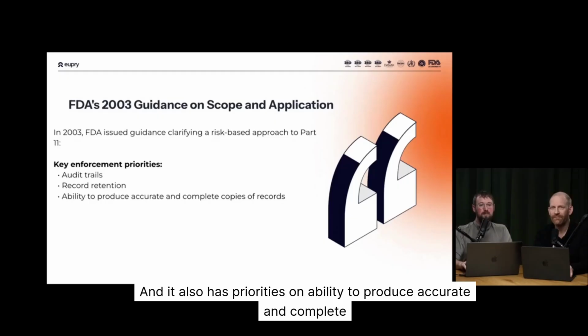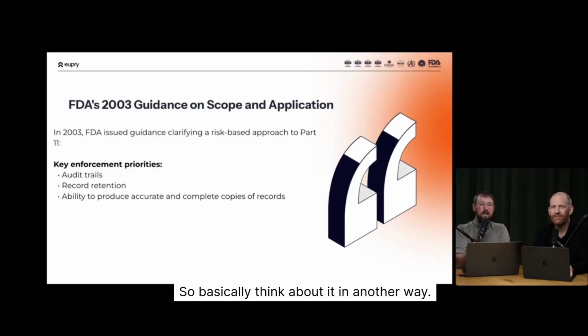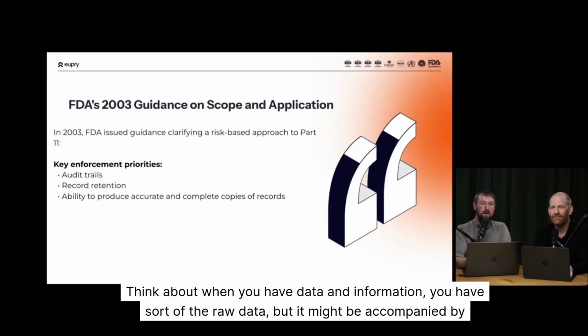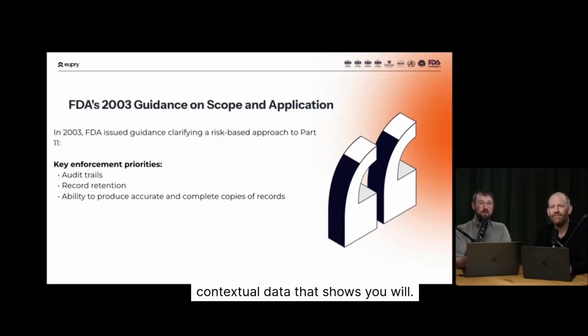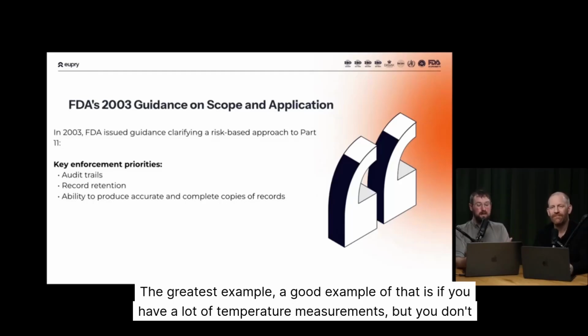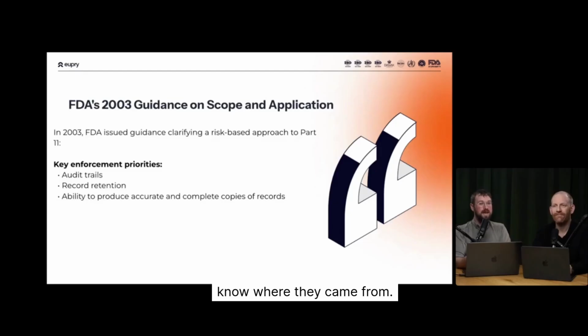It also has priorities on the ability to produce accurate and complete copies of records. So think about it in another way. When you have data and information, you have the raw data, but it might be accompanied by contextual data. A good example is if you have a lot of temperature measurements, but you don't know where they came from.